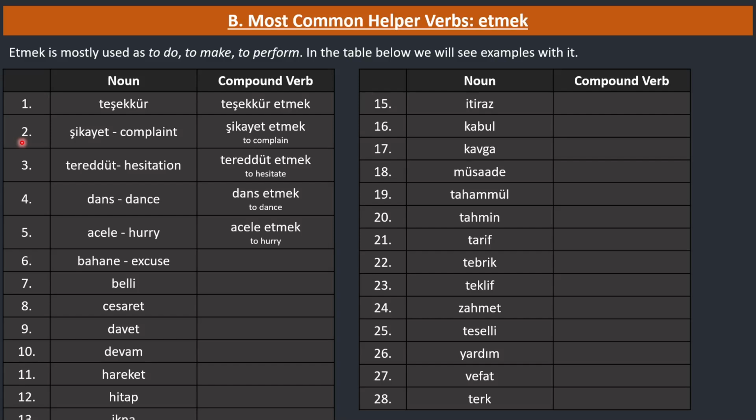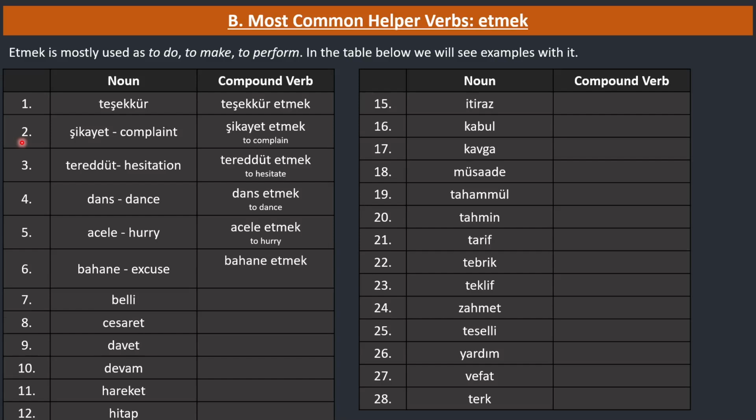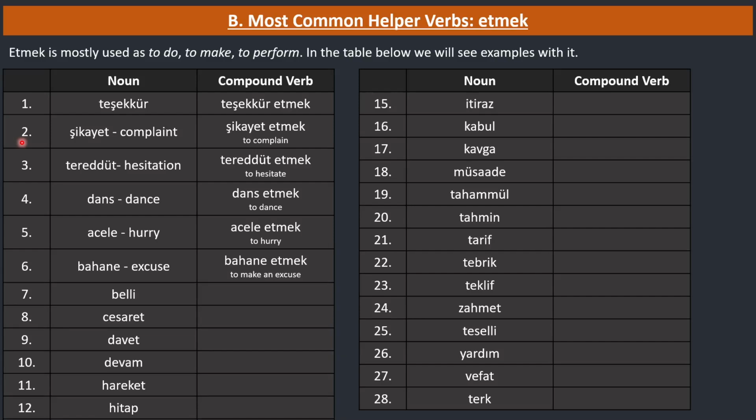That's a different meaning. Make an excuse. Yeah, that's better. Bahane etmek. To make an excuse. It's different than to excuse someone. Bahane uydurmak, yes. Aynı anlama gelir.